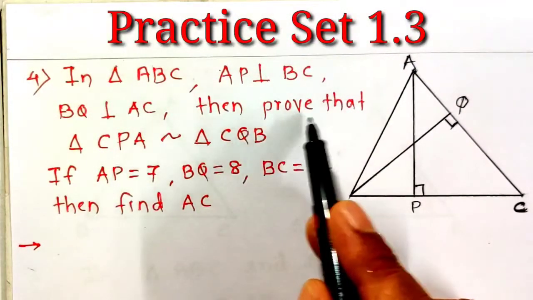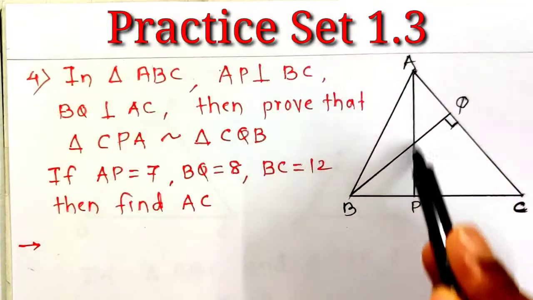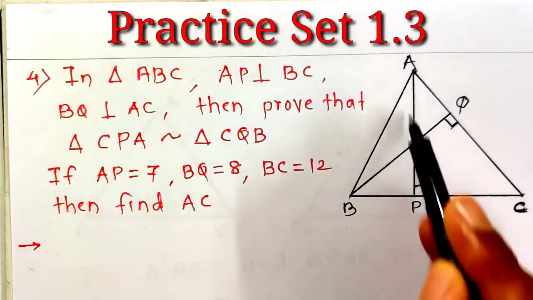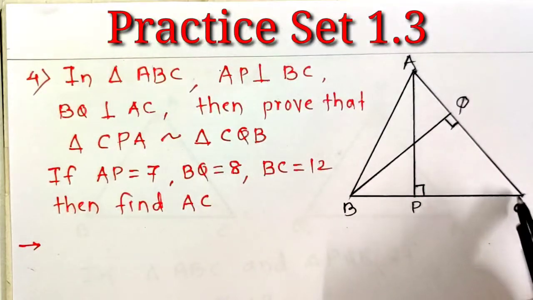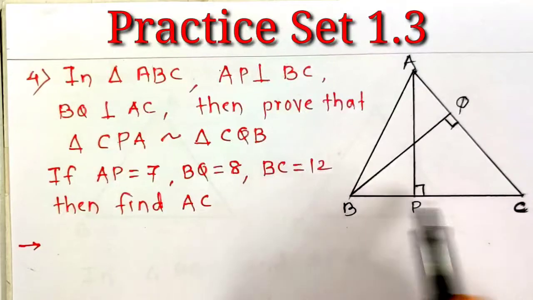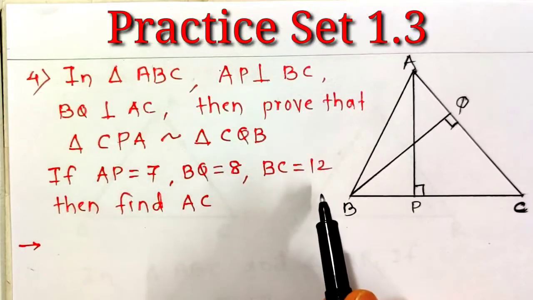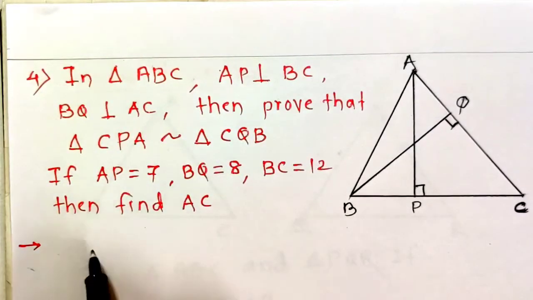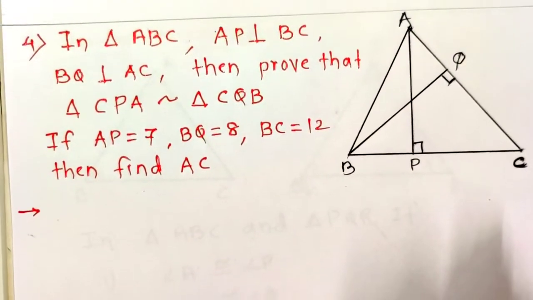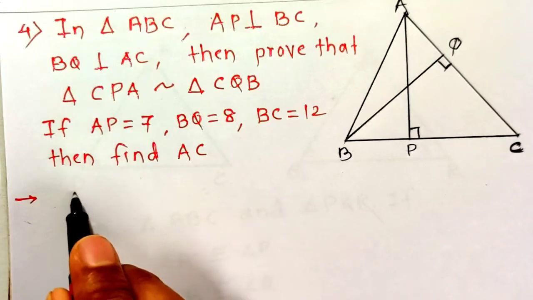Then first we have to prove that triangle CPA is similar to triangle CQB. So first try to prove these triangles similar, then their corresponding sides are in proportion. Substitute the values of corresponding sides.